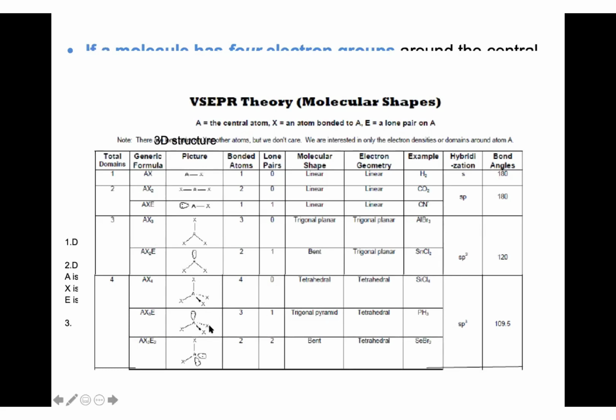When there is a hashed line or dash line, it means the hydrogen is to the back of the monitor, behind it. And the top one shows the lone pair, and the straight line shows that the bond is in the paper. So this shows that we can draw on the paper the 3D structure of the molecule.